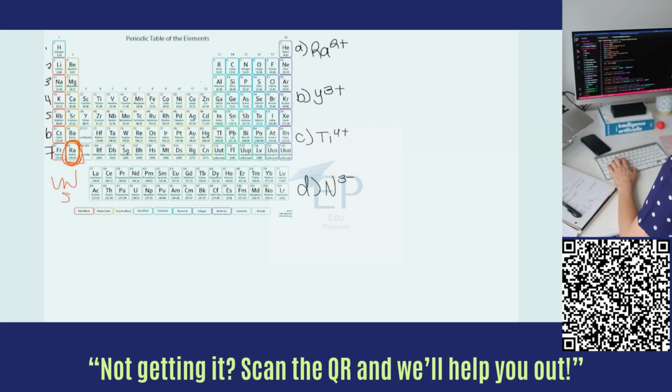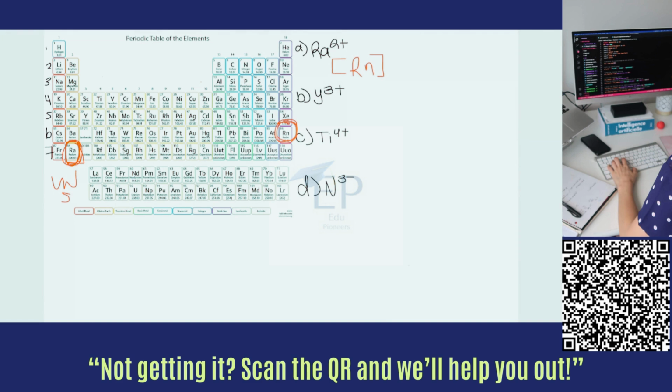So the first thing that we do when we write an electron configuration is we look for the noble gas that precedes the element we're looking at. So in this case, it's going to be radon. Radon is then going to be used in our electron configuration by putting it in brackets. And what this means is that up until this point where radon is on the periodic table, radium has the exact same electron configuration.